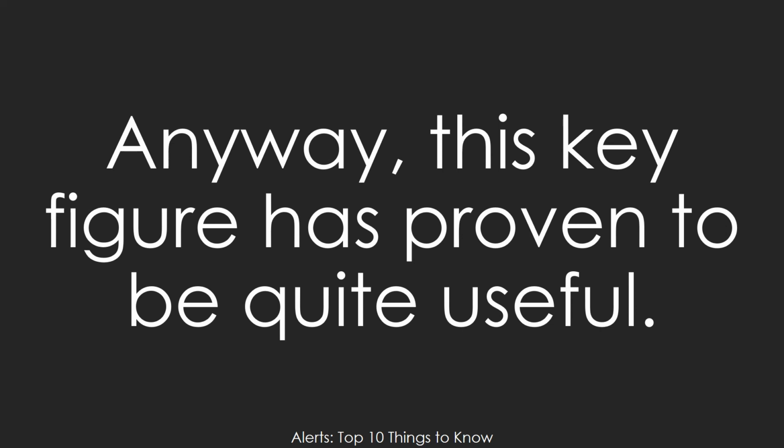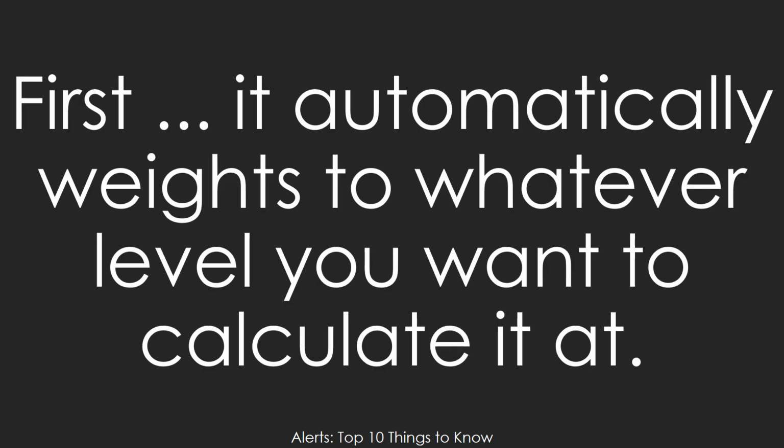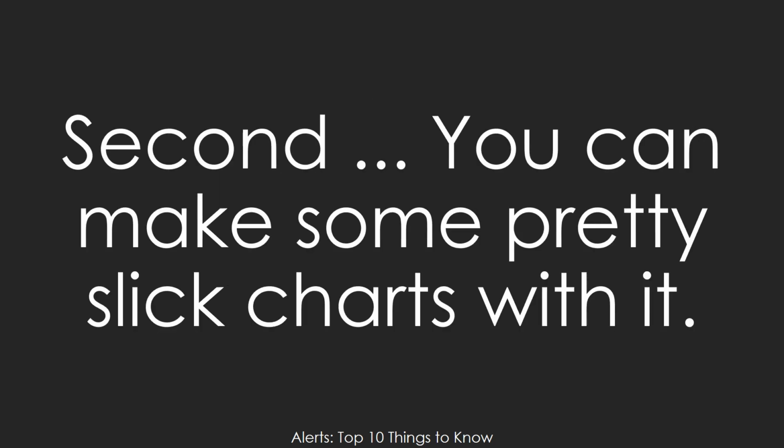Anyway, this key figure has proven to be quite useful. First, it automatically weights to whatever level you want to calculate it at. Second, you can make some pretty slick charts with it.